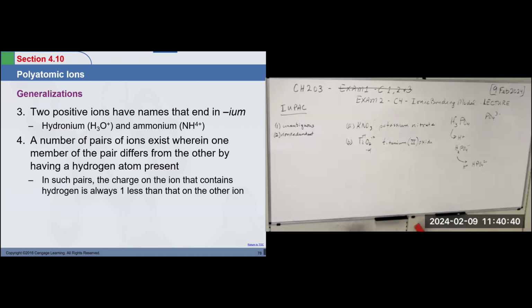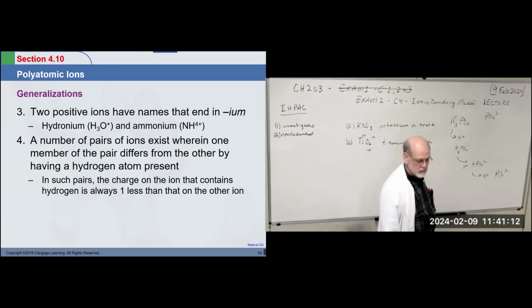Here's hydrogen phosphate. We don't say monohydrogen. Stick with the convention. That's just hydrogen phosphate. This is dihydrogen phosphate. And if we lose that other hydrogen, that gives us simply phosphate.